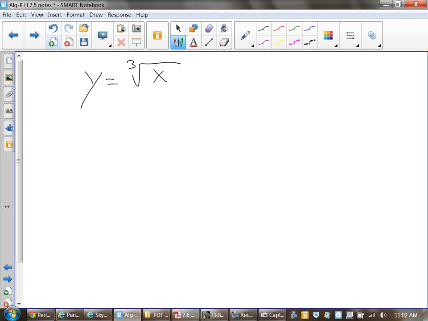Yes. So when I'm looking at the rough sketch of a graph of that, again, start with 0, because what's the cube root of 0? What's the cube root of 1? What's the cube root of negative 1? Negative 1.